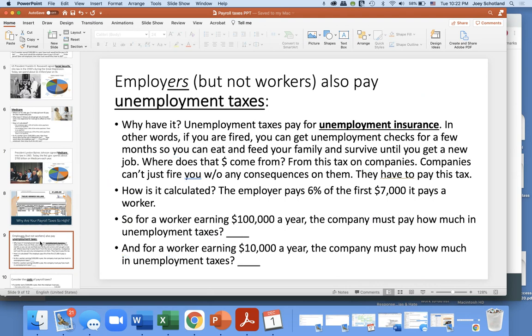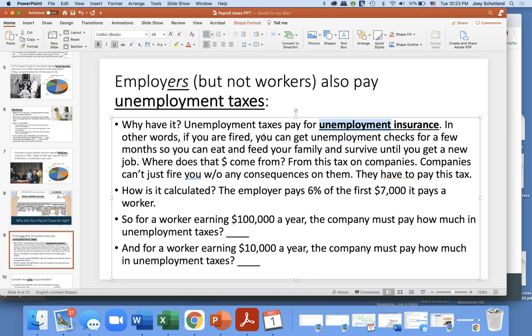There's one more major payroll tax, and that is unemployment taxes. Employers, that is companies, but not the workers, have to pay unemployment taxes. Why do we have this tax? Unemployment taxes pay for unemployment insurance.